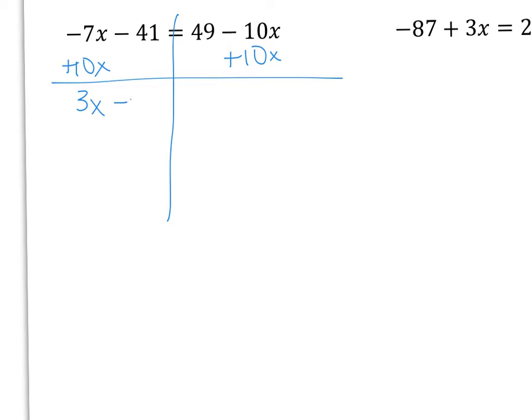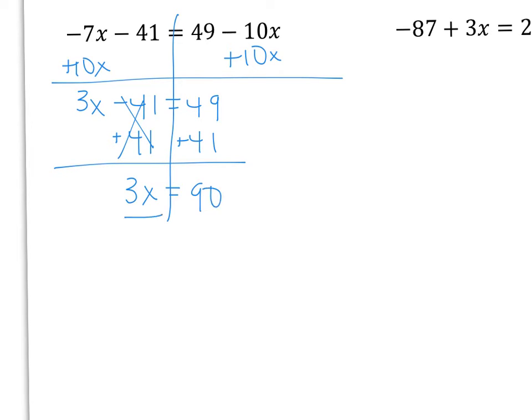And then I still have the minus 41 equals 49. I'll isolate my variable x by adding 41 to both sides and get 3x equals, and 49 plus 41 is 90. And last step would be to divide by 3, so x equals 30.